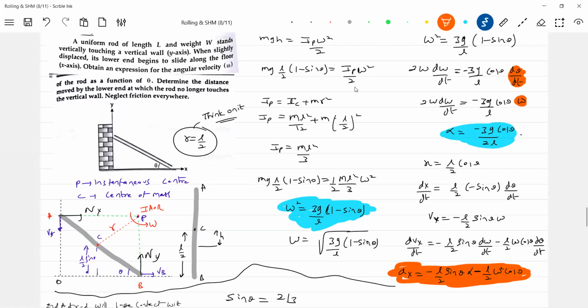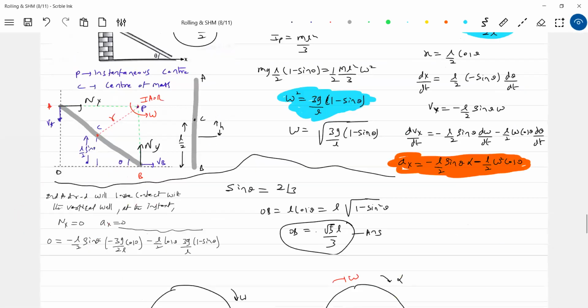Once again, I'll remind you, the instant center is what we have brought in for our convenience, to minimize mathematics. If you stand at point P, the rod will appear to rotate about this point. So d theta by dt is omega. Don't get confused.